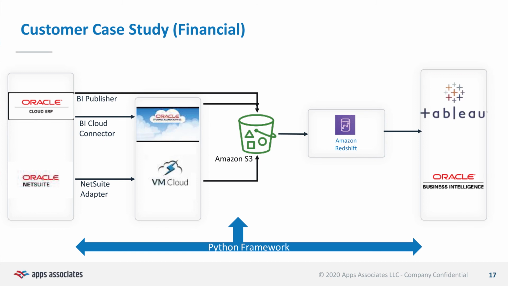And then obviously once you have data in S3, you can transform that into Redshift, before it's being used by the reporting tools. And as has been mentioned previously, this entire process is automated using a framework that we have built in Python that works irrespective of the nature of the application, whether it is an on-premise application or a cloud application.